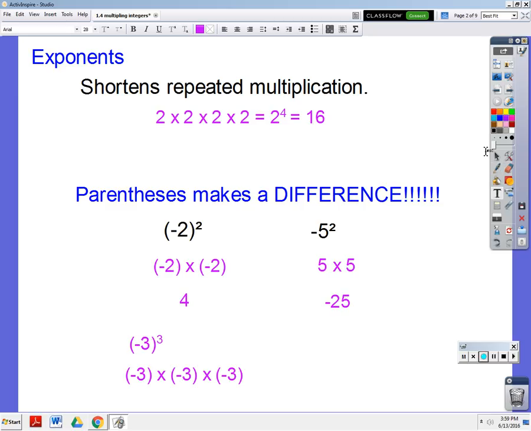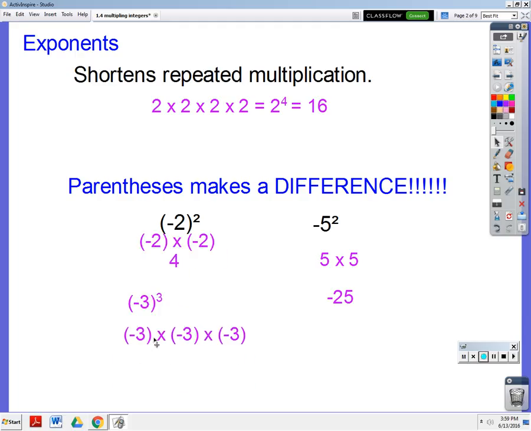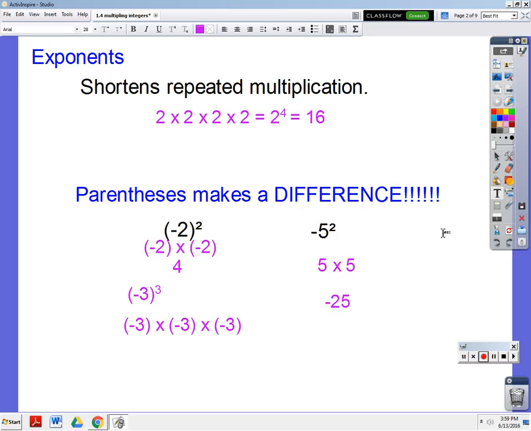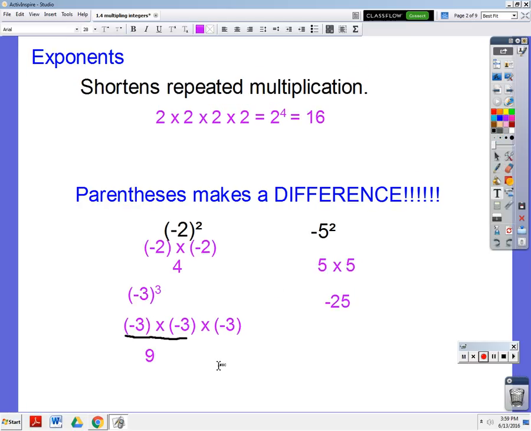Well, I know that -3 times -3 would give me a positive answer, and that would give me 9. So I've used this part of the problem and got that answer. Well, I still have another -3 to multiply with this 9. Now I have a positive times a negative. So I know my answer is going to be negative, and it's going to be -27.